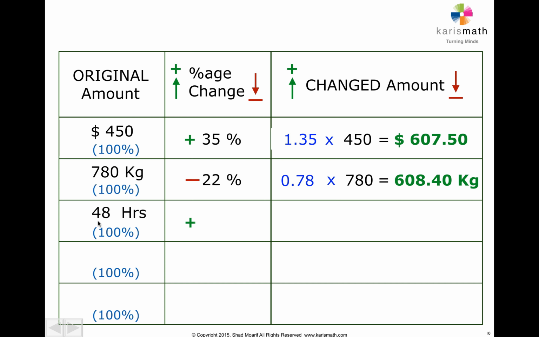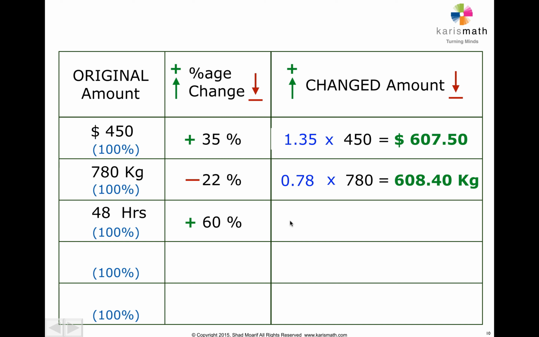Try this one. 48 hours. What are you going to do to 48 hours? Say it. Very good. You're going to increase it by 60%. What does that mean if you want to do the smart, fast way? It means if it was 100, you'd increase 100 to 160%. So this should become 160% of what it was. So what's the answer?